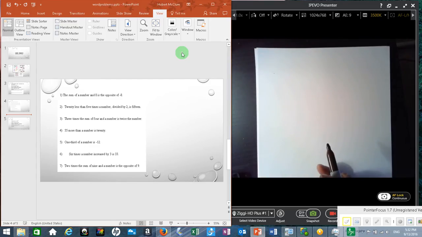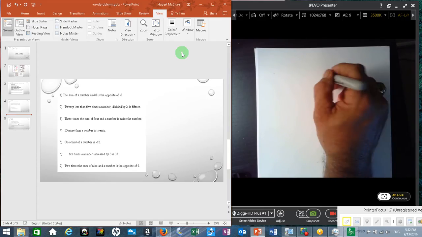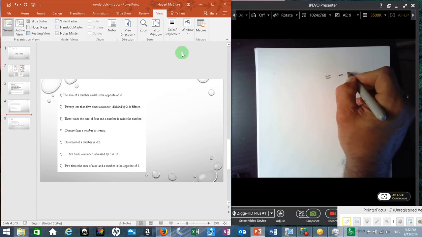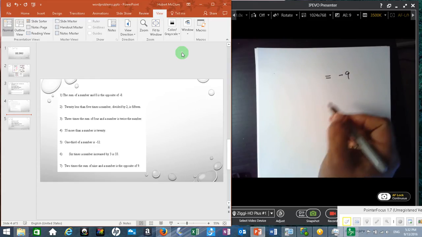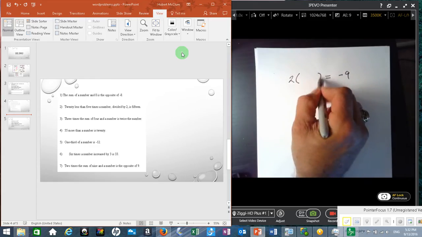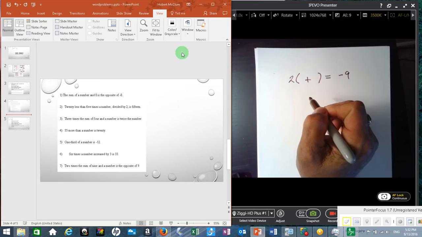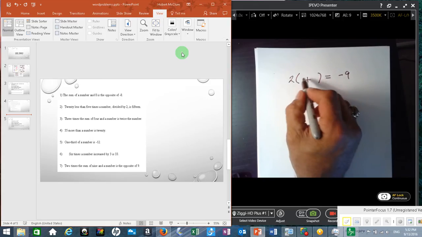2 times the sum of 9 and a number is the opposite of 9. Is the opposite of 9. 2 times the sum of 9 and a number.